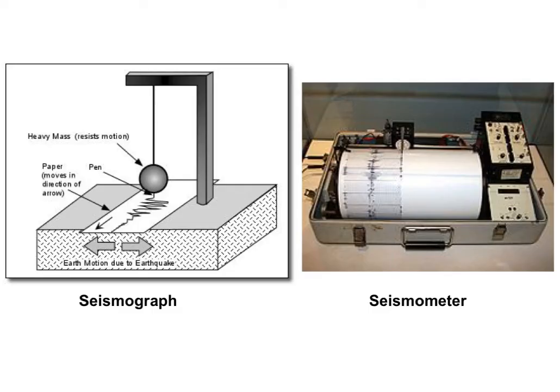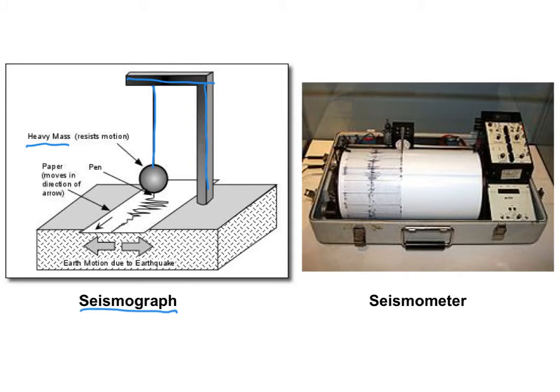So the way that we measure seismic waves is by a couple of different instruments. One is a seismograph, and this is kind of an old school thing. You can actually make these. You take a heavy mass, like a steel ball, for example, and it tends to just stay put. It doesn't move very much, and you suspend it by a string or a really thin wire from some kind of bar.